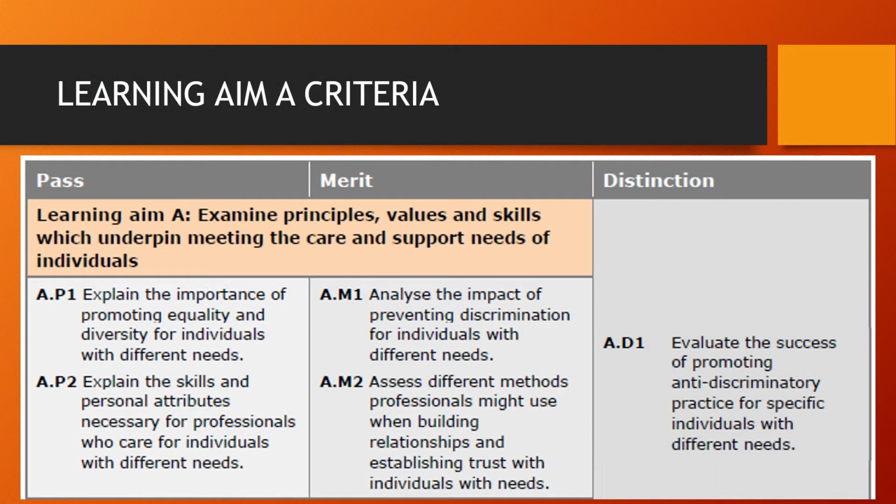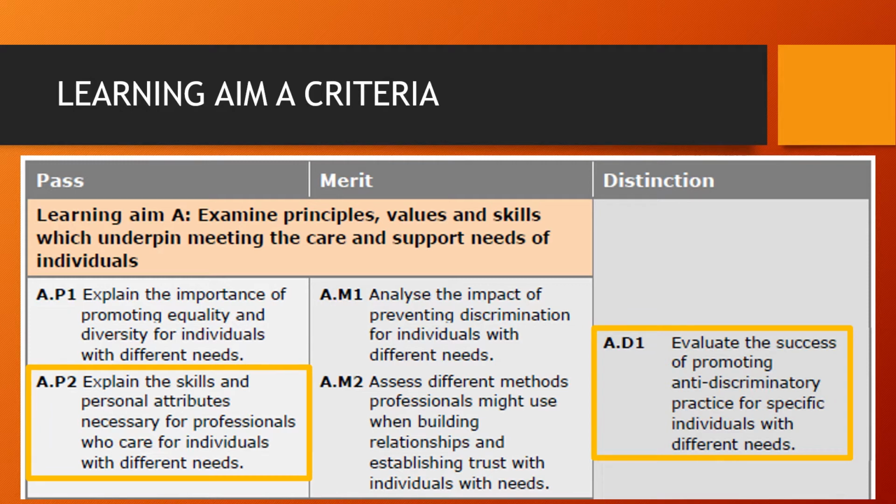So the learning criteria, the key things here, this is part of the learning criteria sheet. And the area we're focusing on here is P2 and D1. So these kind of overlap. For P2, we're looking at explaining the skills and the attributes necessary for professionals who provide care for individuals with different needs.